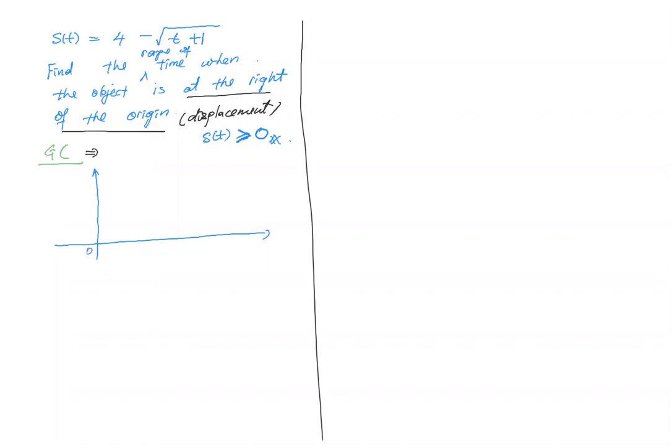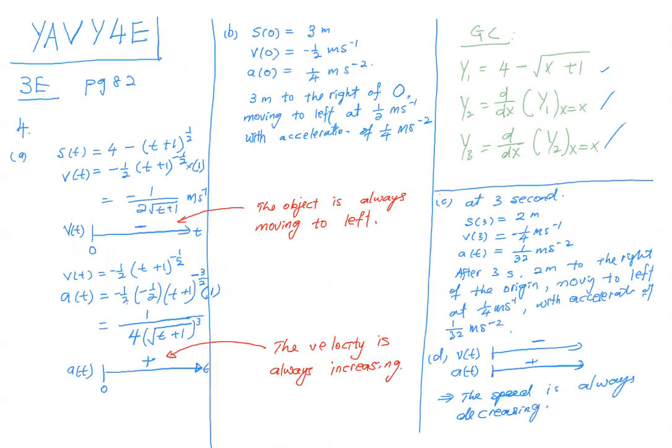How does your graph look? It starts from negative and then slopes downwards? Does it start from negative or positive? It starts from 3, because the initial position of the particle is 3 meters to the right.